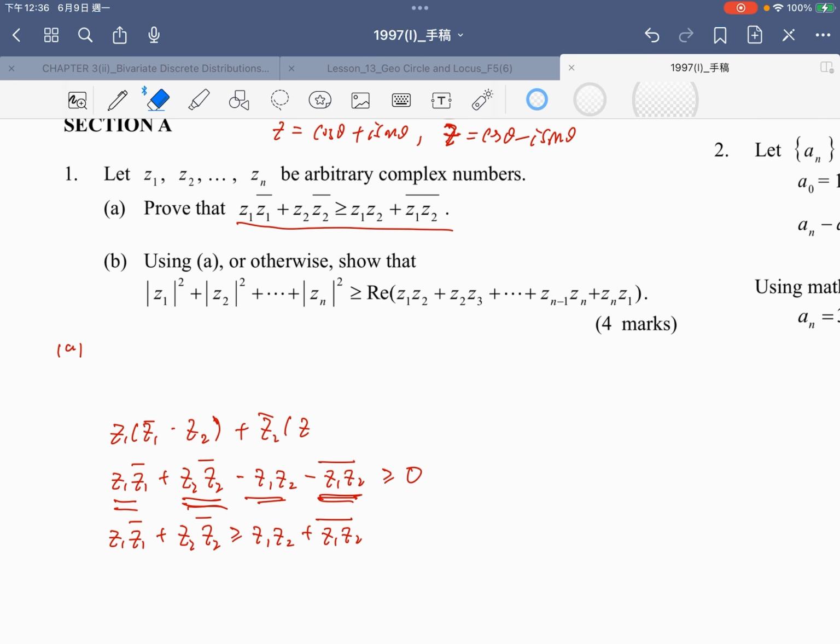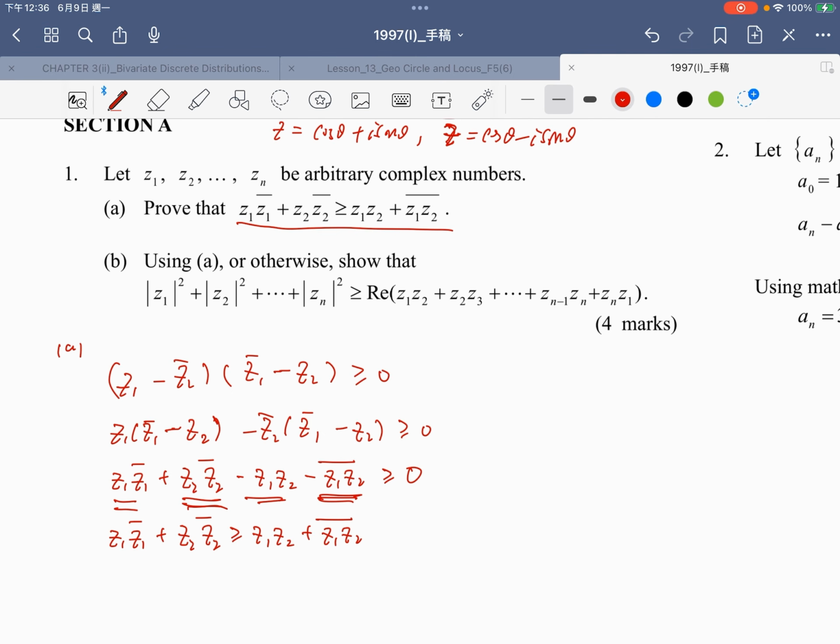And also factorize the left side outside, and Z1 conjugate minus Z2 greater than 0. And we can see that these two are the same. Then I can factorize once more, Z1 minus Z2 conjugate times Z1 conjugate minus Z2 greater than 0.